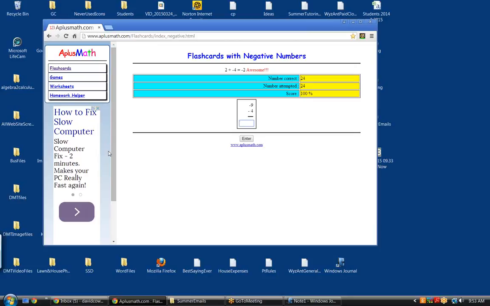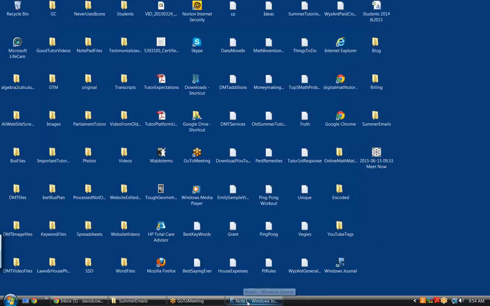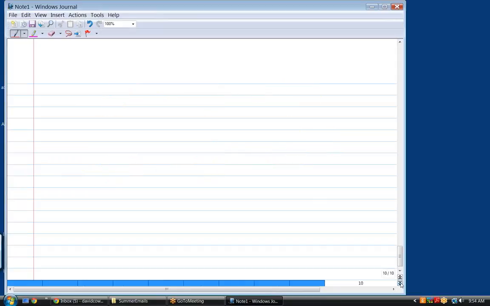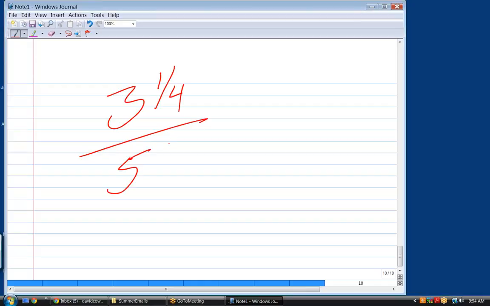It's multiple choice. We don't want to do that one. Here, let's do this one. A ratio of 3 1/4 to 5 1/4 is equivalent to what?